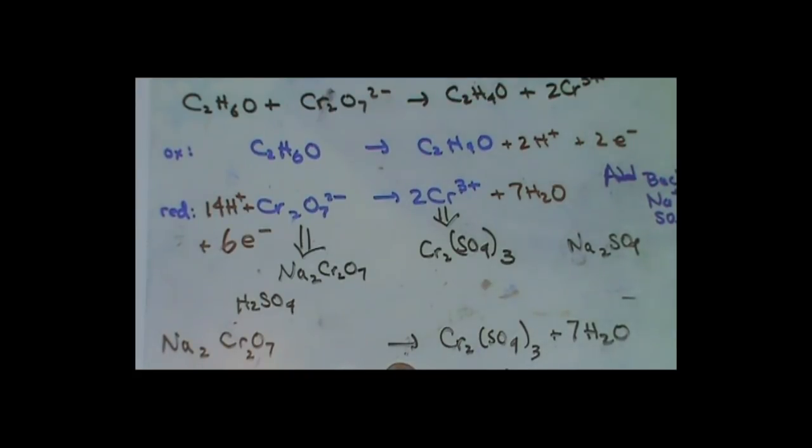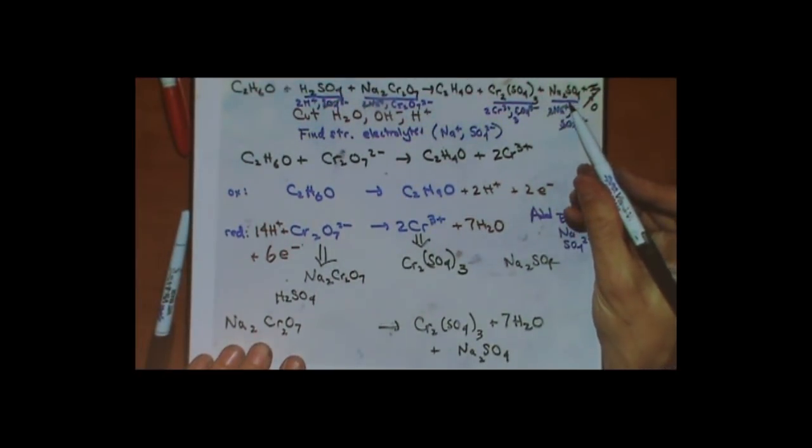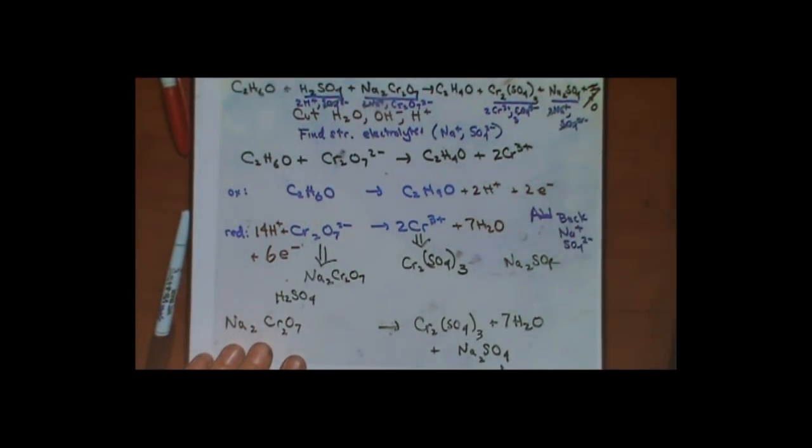So plus Na2SO4. Now the question is, how many of these things am I going to add back? Well, there's one there. Oops, let me zoom out a little bit. There's one there. So let me just start with 1 and see what happens. So I'm going to add 1 back because I had 1.